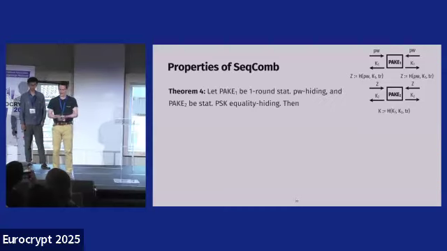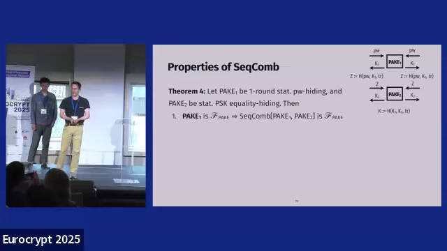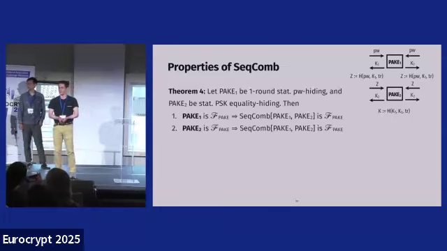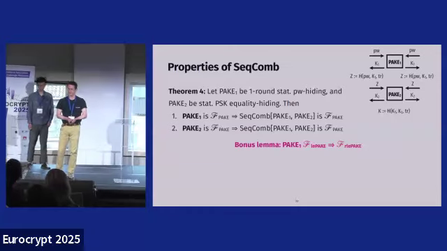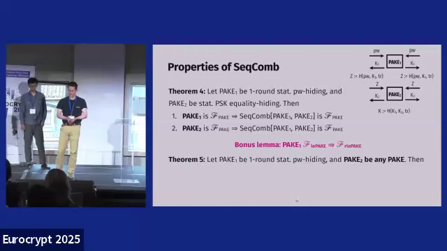So we prove some specific properties of the sequential combiner. Again, this is in the universal composability model. If either one of these achieves F_PAKE, then the sequential combiner achieves F_PAKE. We also have a relaxation of this, so you can use lazy extraction PAKEs.